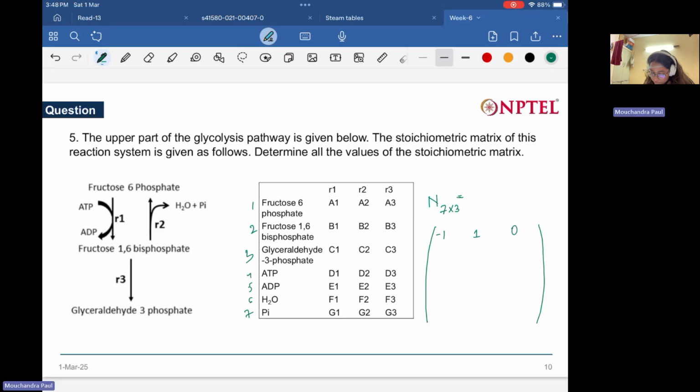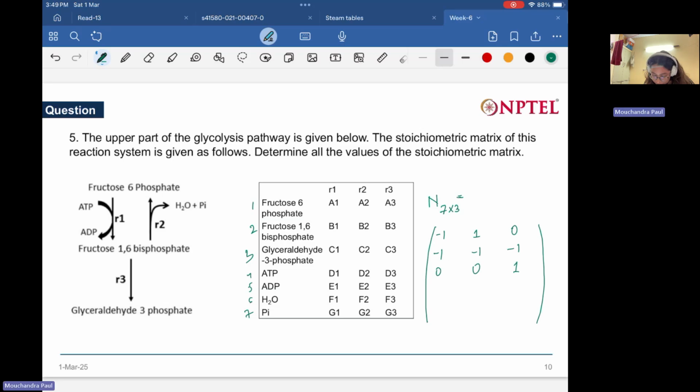Then if you look at fructose 1,6-bisphosphate, it is a product in reaction 1, and it is a reactant in reaction 2, and it is a reactant in reaction 3. Then glyceraldehyde 3-phosphate is not involved in reactions 1 and 2, but it is a product in reaction 3.